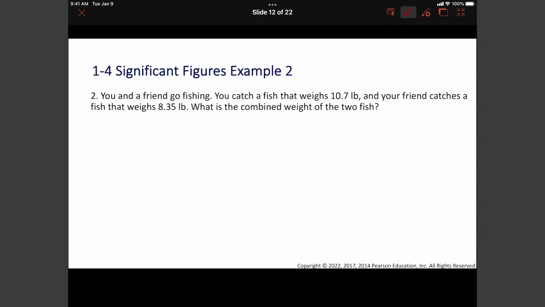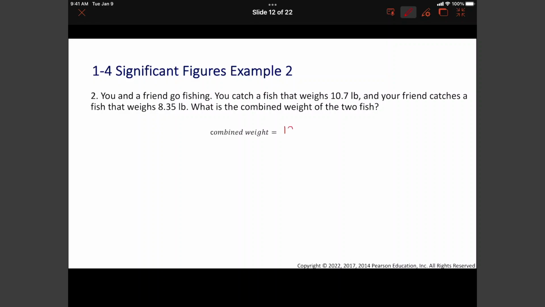Okay, let's see another example. You and a friend go fishing, suppose. So you catch a fish that weighs 10.7 lb and your friend catches another fish that weighs 8.35 lb. What is the combined weight of the two fish? So we are asked to find the combined weight of the two fish.